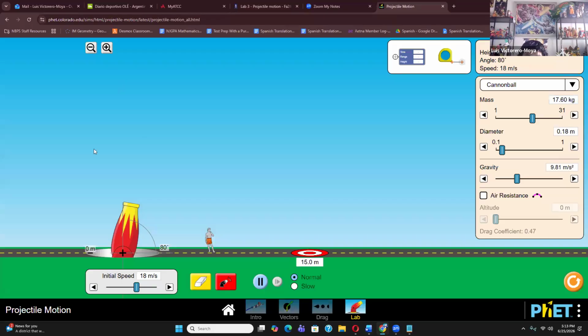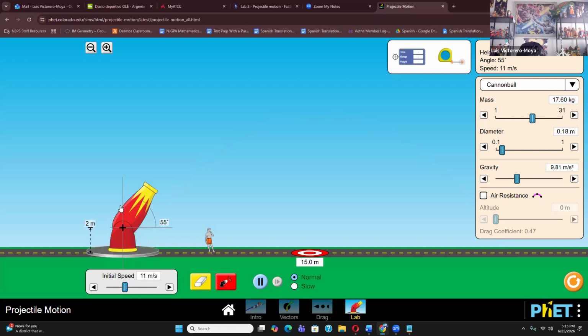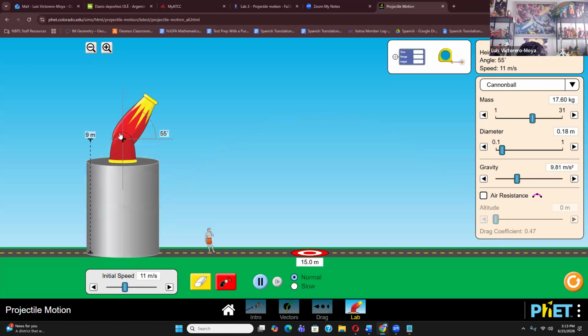So the idea is to explore what happens in projectile motion that we have been studying in the lecture. Now, let's adjust the parameters so you can do some proper exploration of free fall projectile motion and then projectile motion at a given angle.